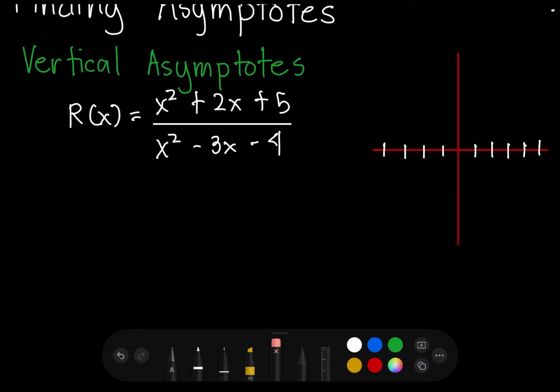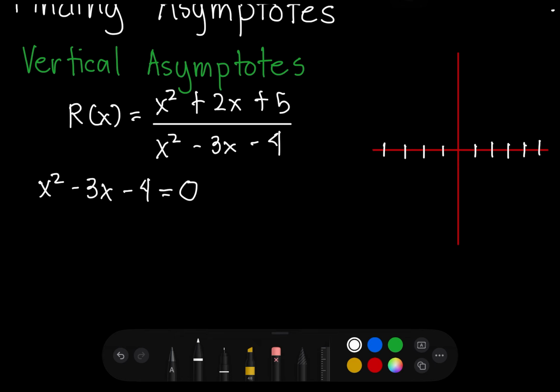Now, on this case, again, since we want to know when that denominator will be equal to 0, all we need to do is to set the denominator equal to 0. So, let's copy the denominator. That is x squared minus 3x minus 4 and equate it to 0 for us to know kung kailan ba siya magiging equal sa 0.